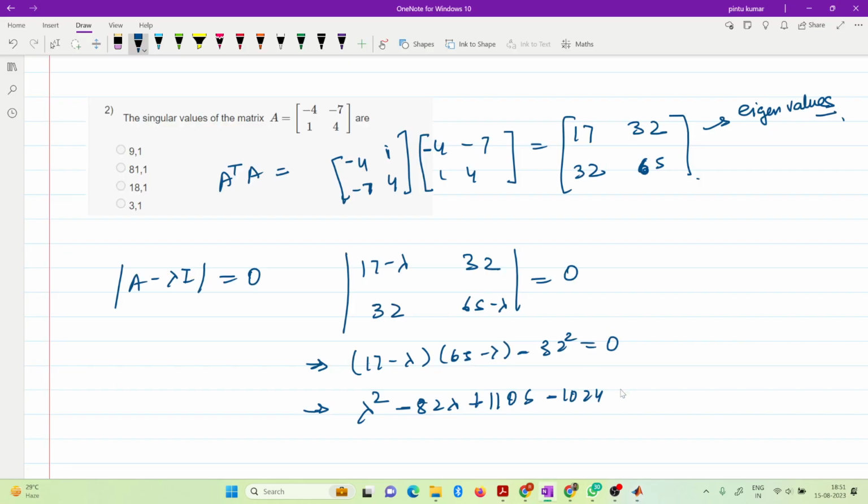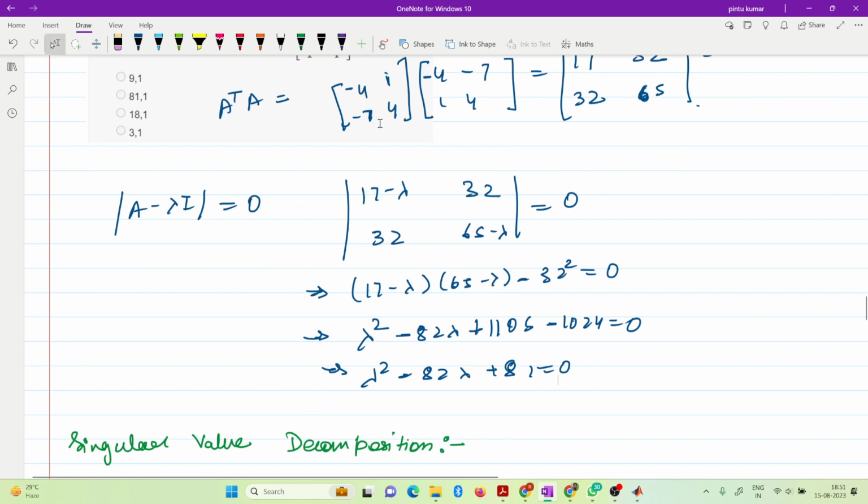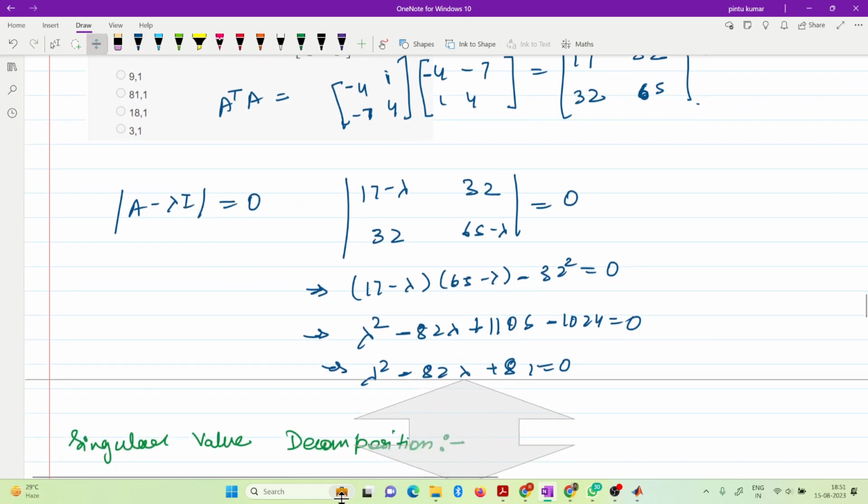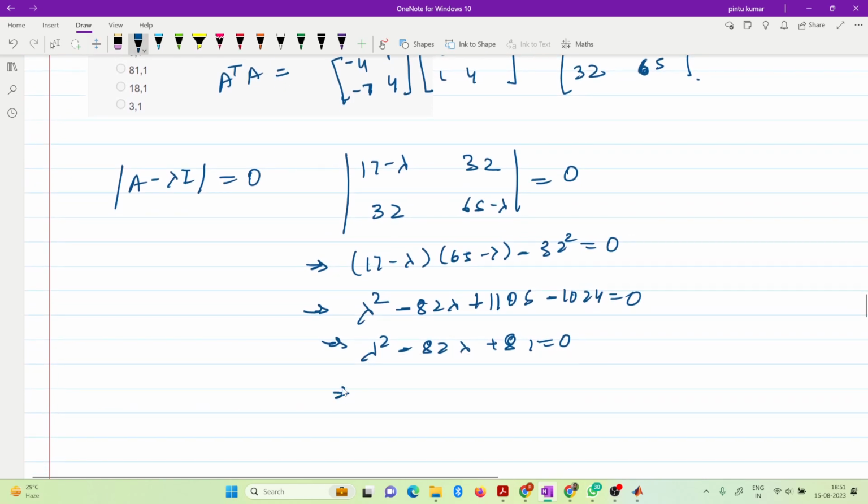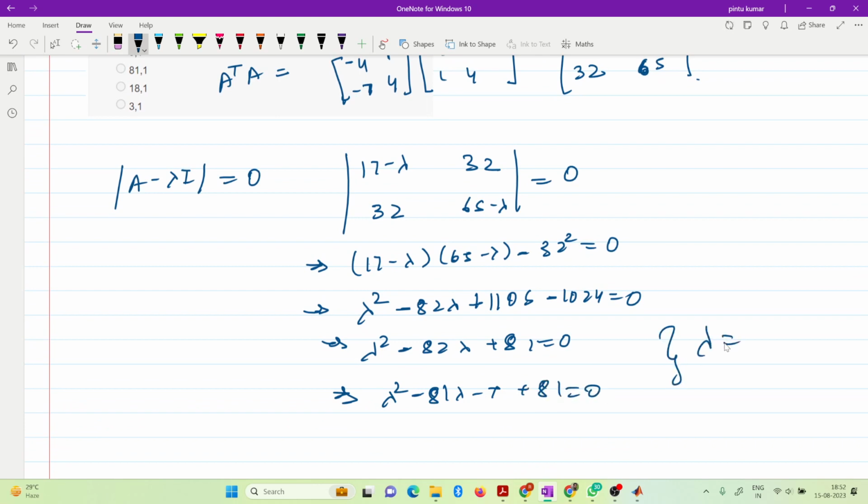So this is nothing but lambda square minus 82 lambda plus 81 is equal to 0. Now it's quite easy to split, right? This would imply lambda square minus 81 lambda minus lambda plus 81 is 0. This is straightforward, right? Now you get lambda is equal to 81 and 1.